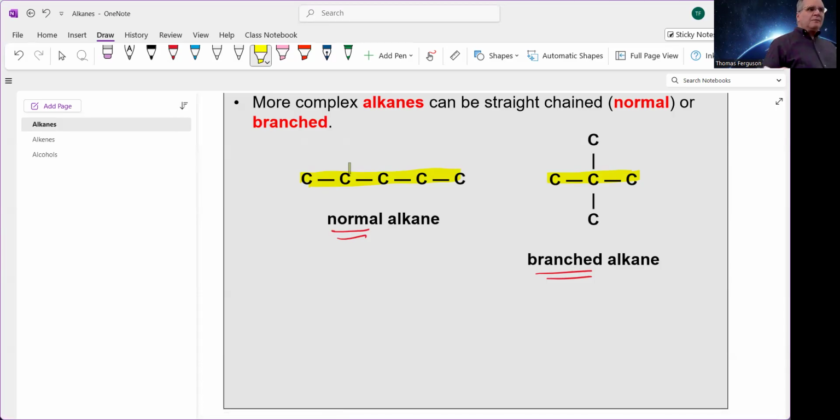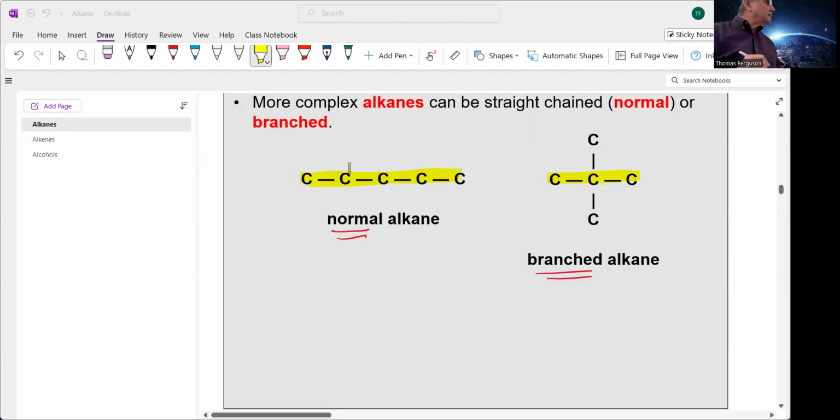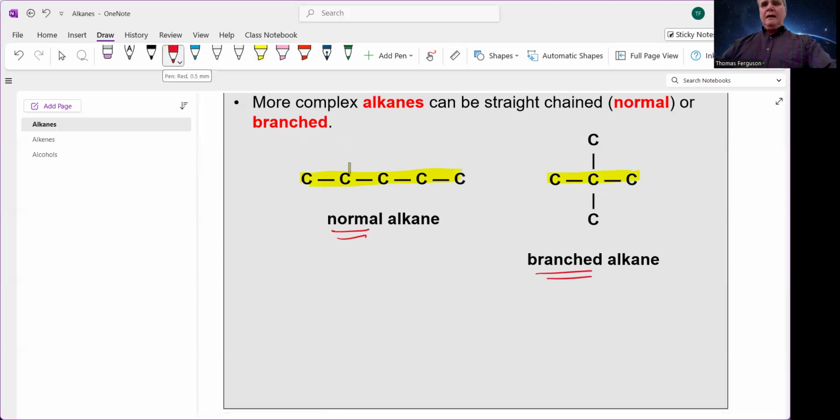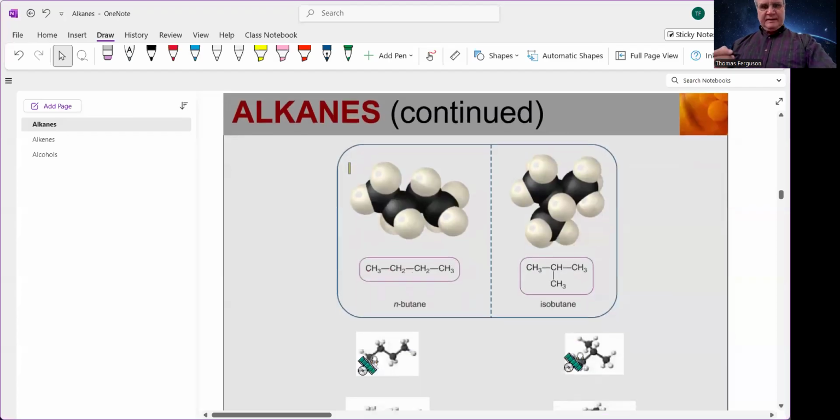When we start naming, we need to know what is on the backbone and what's off the backbone. If you use a highlighter, what's off the backbone is immediately obvious. In this case, we have 2 carbons off the backbone on that branched alkane on the right. You'll see as I talk today how this comes into play.